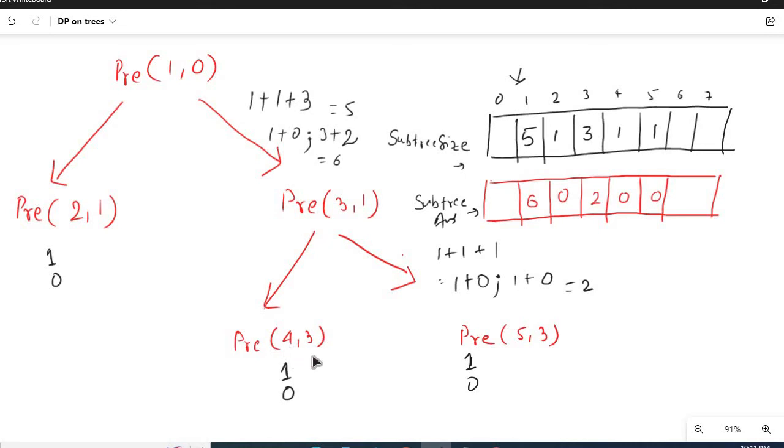The bottom case is that if we go to node number 4 and it does not have a child, how many nodes does it have? It has only one node, and the sum of distances is zero since there is no child node. Similarly, the same is the case for 5 also. The sum of the distances is zero, and the size is one.